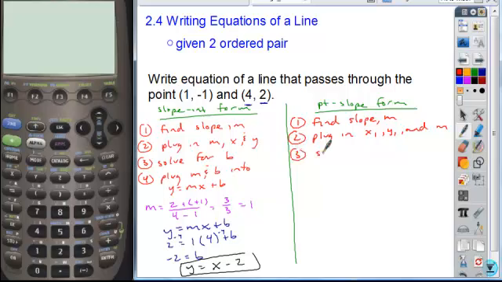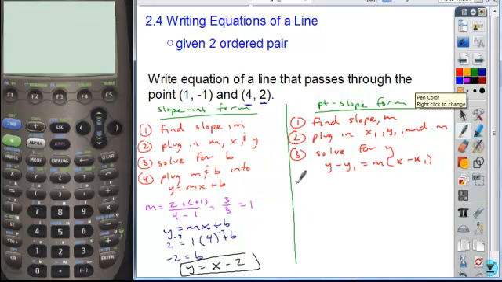And then all you'd have to do for this is solve for y. And by solving for y, you will have your equation of that line.